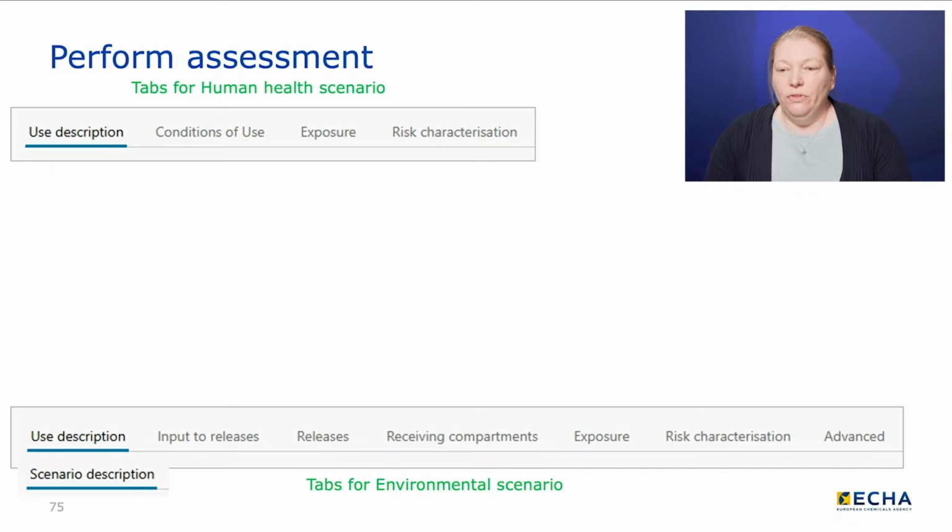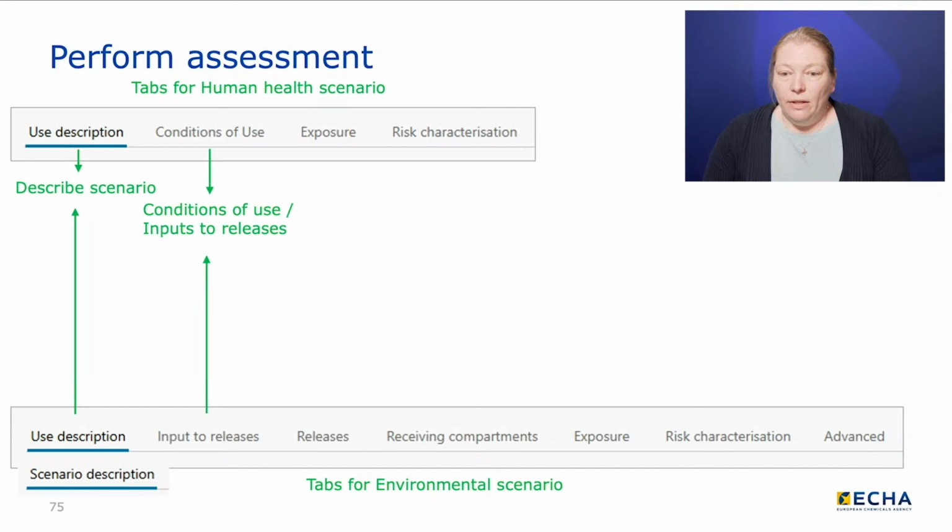There's a small difference in the first tab between REACH and biocides, but otherwise the organization is the same between both regulatory contexts. If you follow these tabs, you will see that they guide you through the steps. So, first, you describe your scenario. Second step, you describe the conditions of use for human health, or what we call the input to releases for the environment.